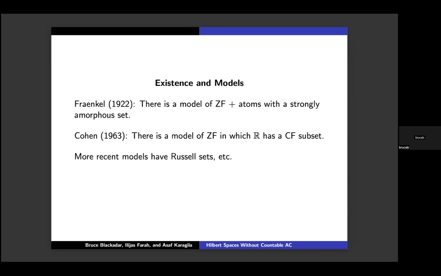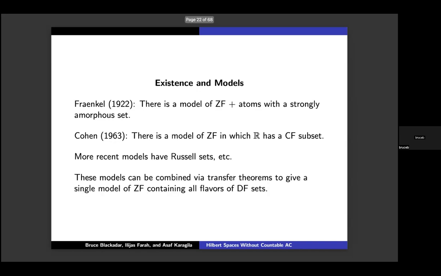So these occur in different models of ZF, but it turns out you can combine all the models via what are called transfer theorems to give a single model of ZF that gives all the flavors of DF sets that we've talked about. So you really can get sets like this, but they have to be models in which the countable axiom of choice doesn't hold.